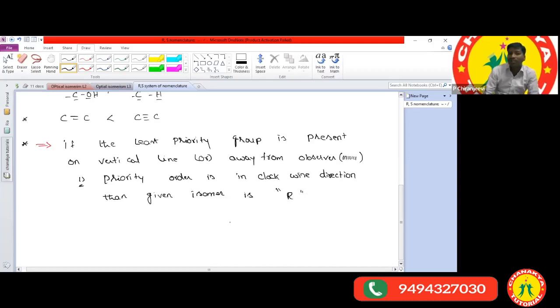So what is the condition here? If the least priority group is present on the vertical line or away from the observer, and the priority order is in clockwise direction, then we call it an R isomer.